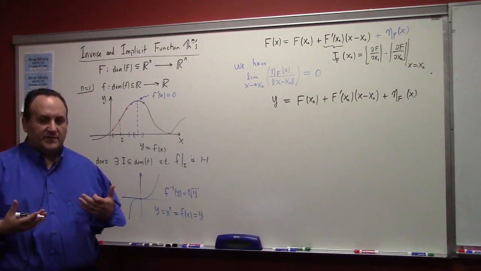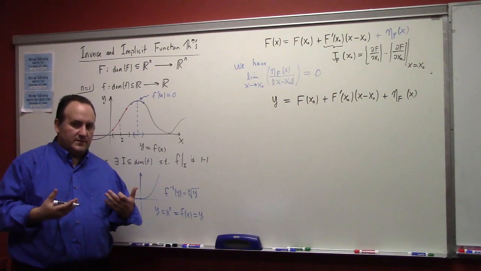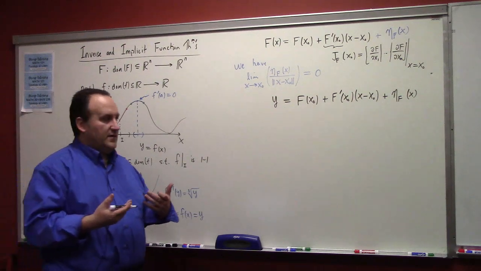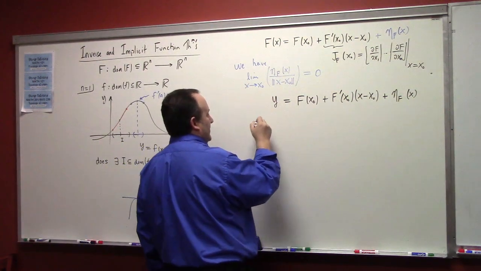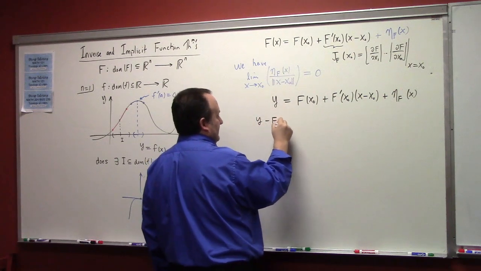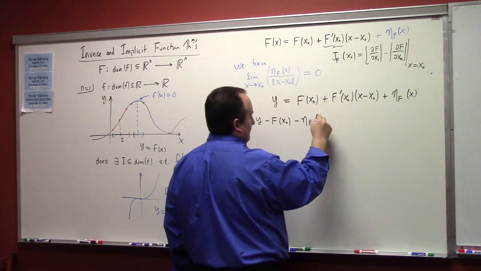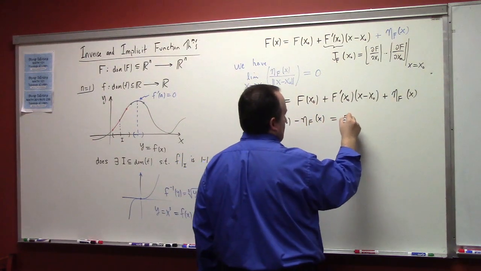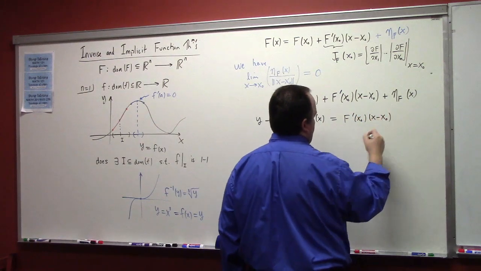To find the inverse function, what do I need to do? Solve for x. If we solve for x, we got to do a little math here. So we get y minus f of x naught minus the error term equals f prime of x naught times x minus x naught.